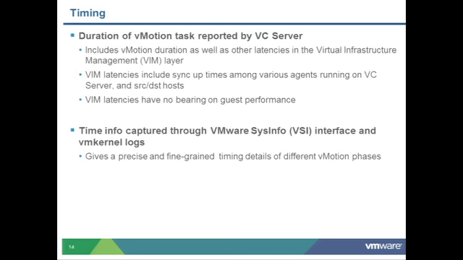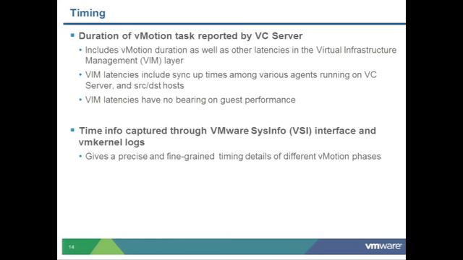So how do we measure time? As Gabriel mentioned, vMotion has different phases. The first phase is a guest trace phase, where we install all the traces on the guest memory. And then there's a Precopy phase, where we iteratively transfer all the memory to the destination host. And finally, we have a switchover phase, where we suspend the VM and then enable the switchover to the destination host. The time reported under the virtual center server doesn't give you that fine-grained information about all these phases.